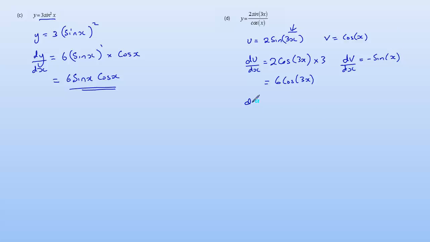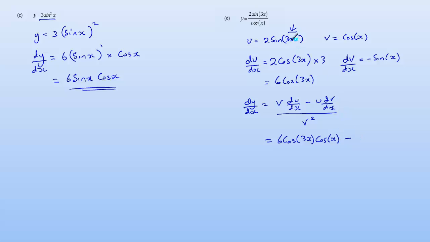And then it's a quotient, so dy dx is v du dx minus u dv dx all over v squared. So that's this one multiplied by this one, so we have 6 cos 3x cos x.